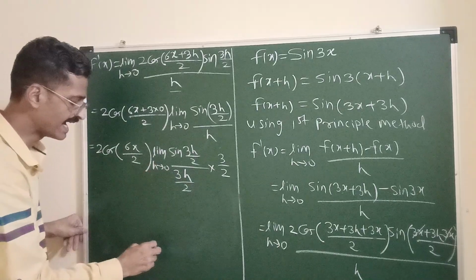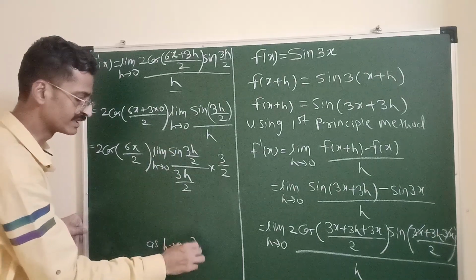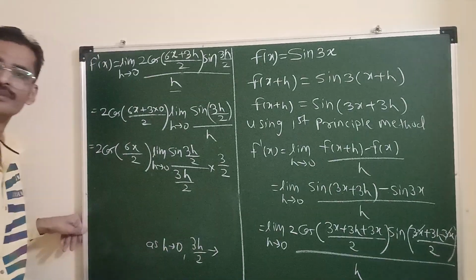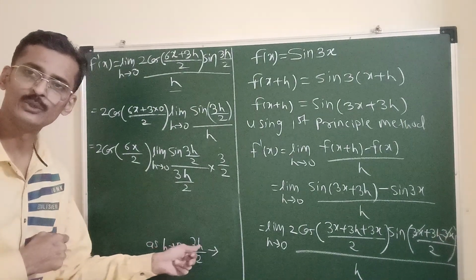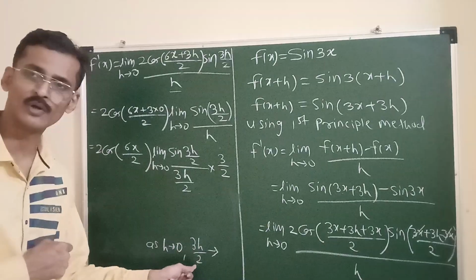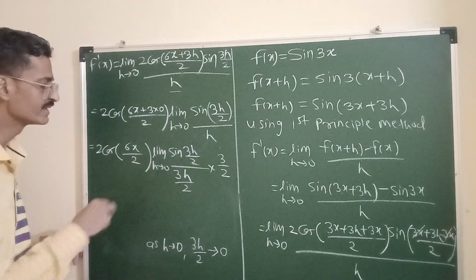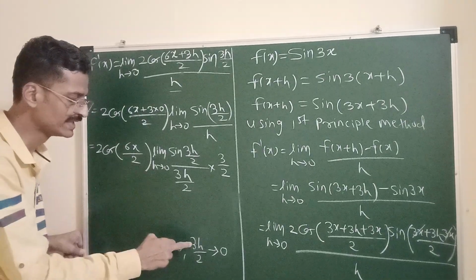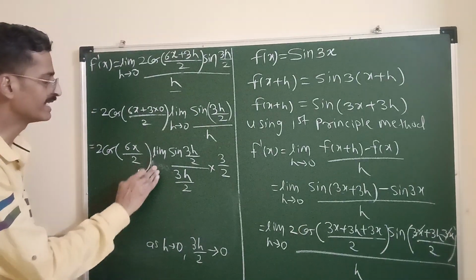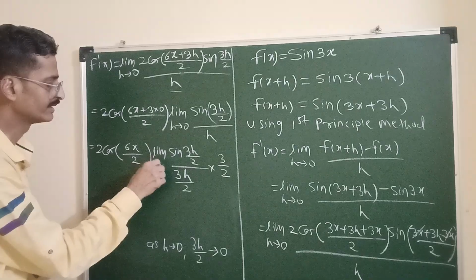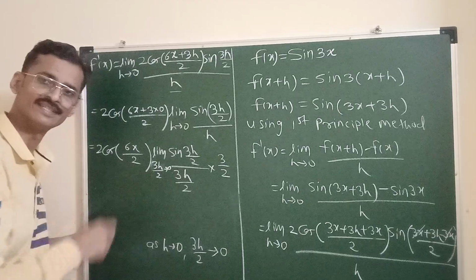As h tends to 0, what does 3h by 2 tend to? If we put h equal to 0, 3 into 0 is 0 upon 2 is 0, so this tends to 0. That means we can replace h tends to 0 by 3h by 2 tends to 0. In bracket write this reason.